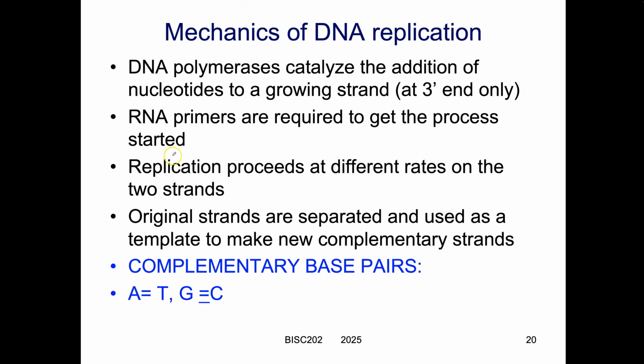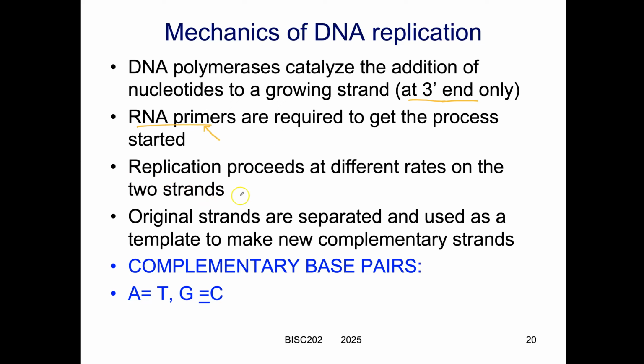Primers are required, and this is because DNA polymerases are not able to suddenly start building a piece of DNA. They can only add to an already existing molecule. So the cell has to make little RNA-based primers that get the process started.